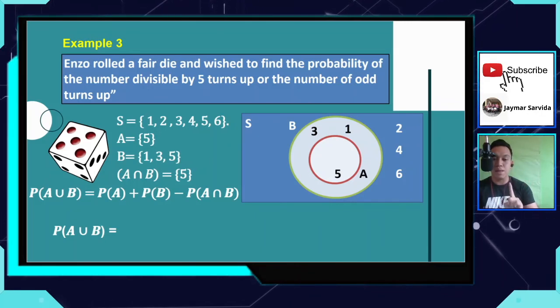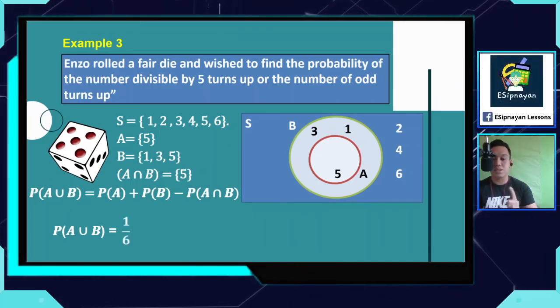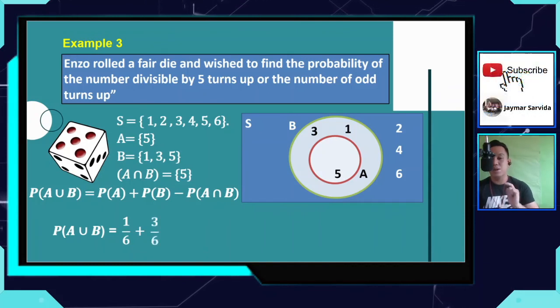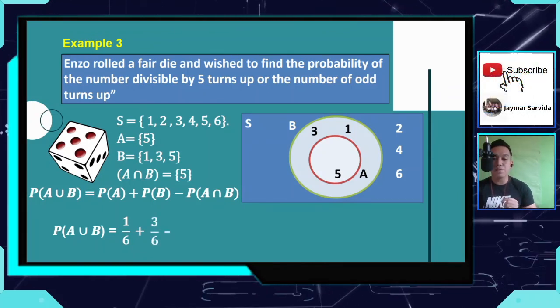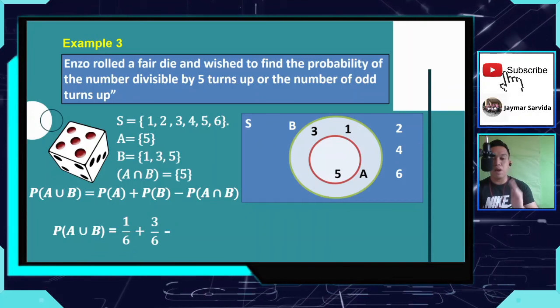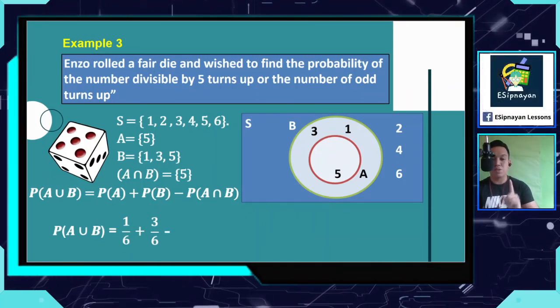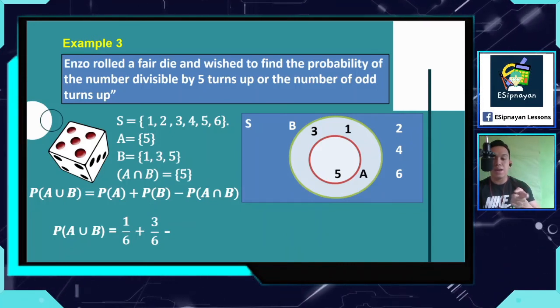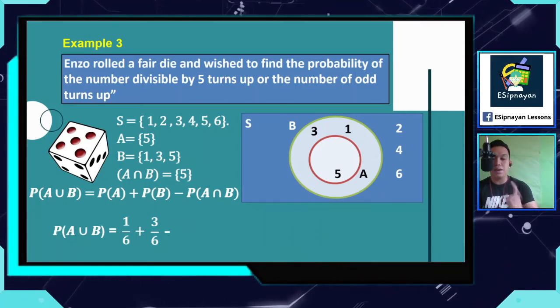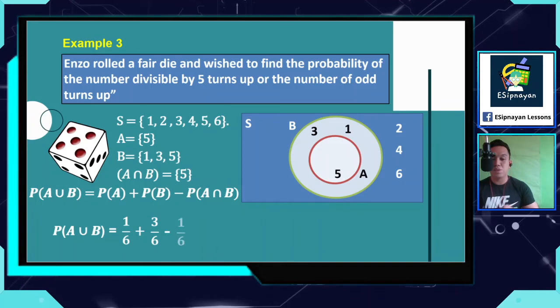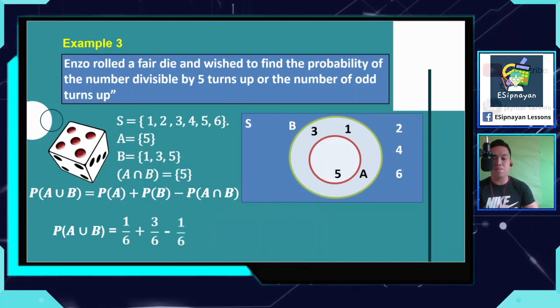That is 1. So 1 over 6 plus the probability of event B, the number of favorable outcome in event B is 3. So 3 over 6 minus the number of favorable outcome of A intersection B is 1 also. So the same lang yung ating event A at saka yung ating A intersection B. So 1 over 6. So let's simplify this one.